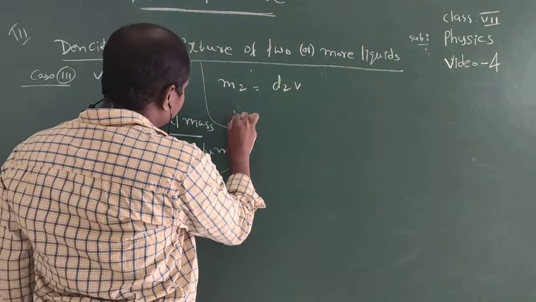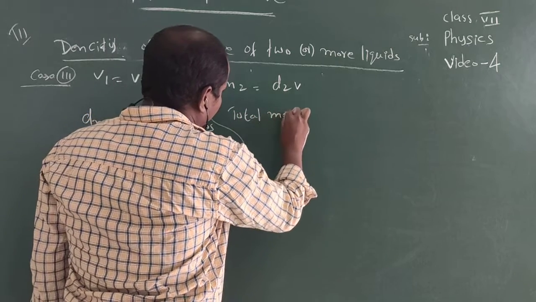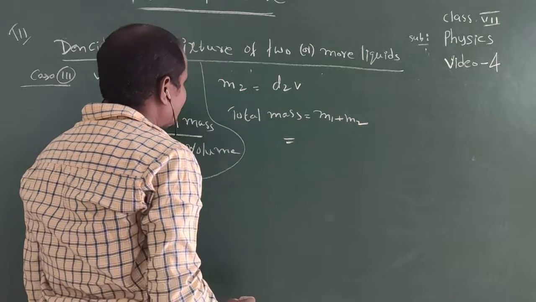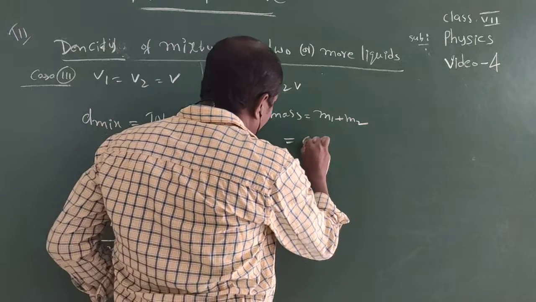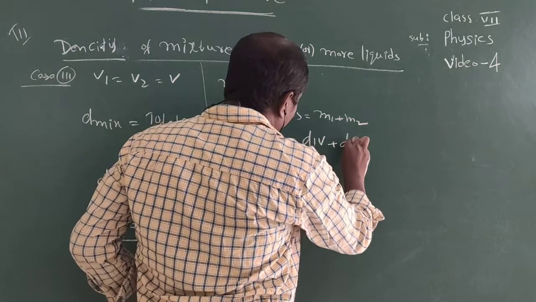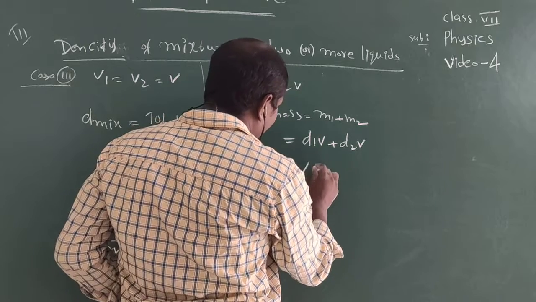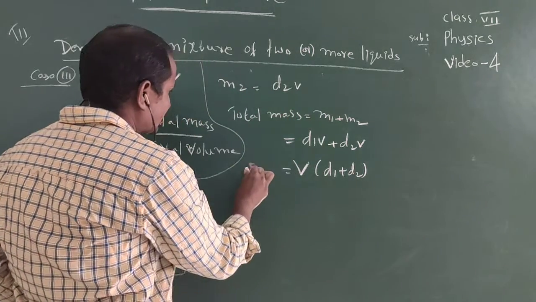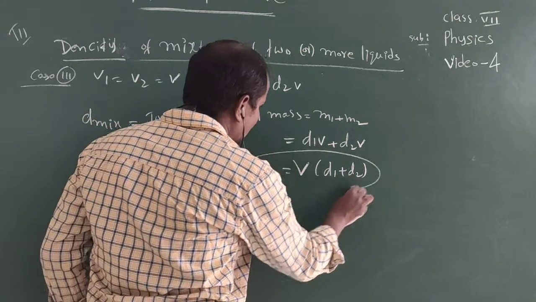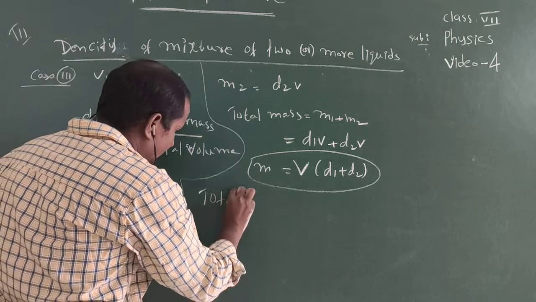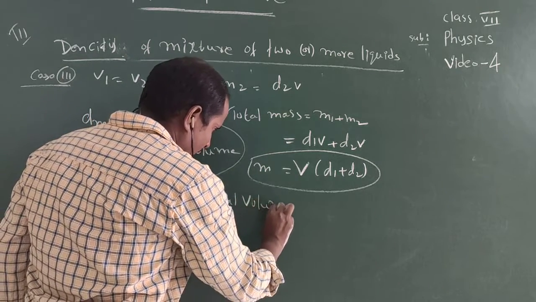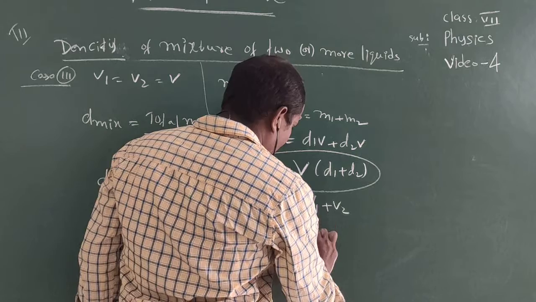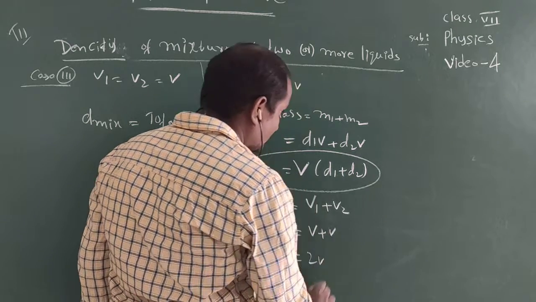Now total mass equal to m1 plus m2, that is d1 into v plus d2 into v. So v common, d1 plus d2, it is the total mass. Now total volume is equal to v1 plus v2, so v plus v, that is equal to 2v.